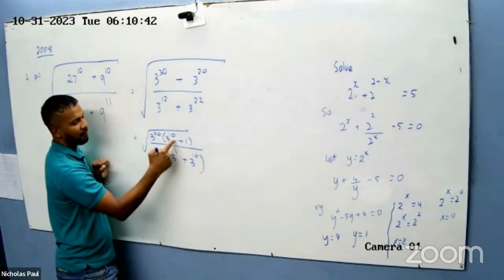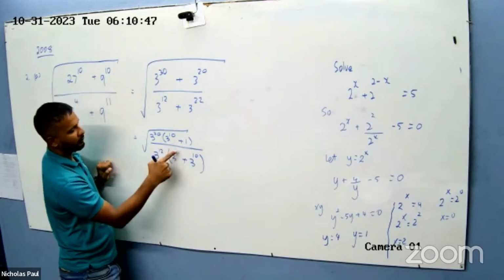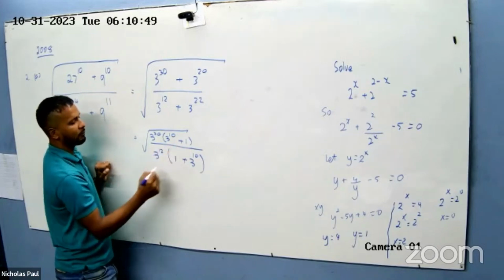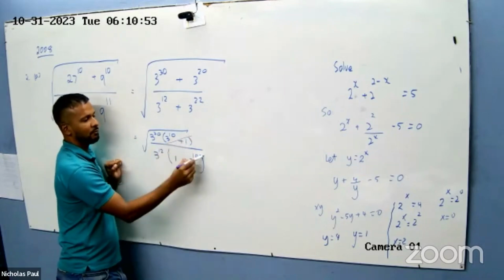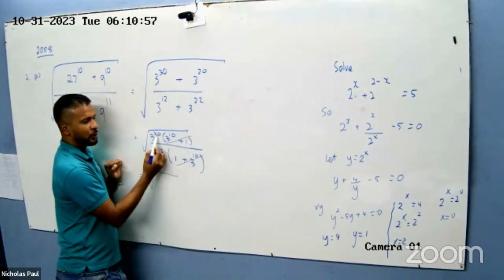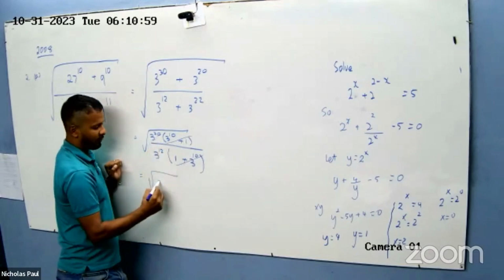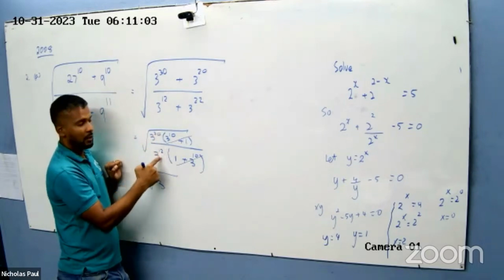What will happen here? These two are the same, right? Wait, something is wrong here. It should be 1. Right? These two are the same, so this will cancel. And you will end up with the square root of 3 to the 20 divided by 3 to the 12. Same base, division. So we're going to minus.